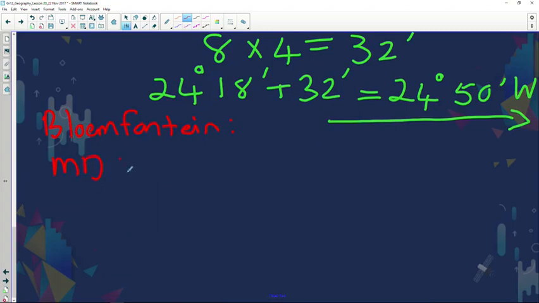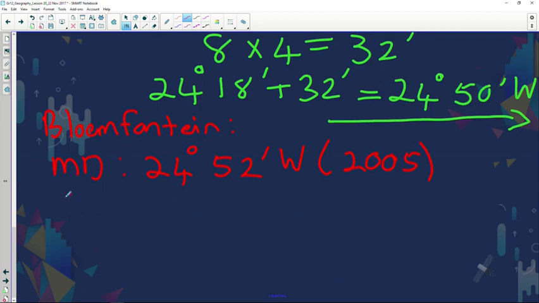And on the Bloemfontein 1 to 50,000 map, they provide us with the following information. The magnetic declination of Bloemfontein is 24 degrees, 52 minutes west. And the map was drawn up when they recorded the declination in 2005.